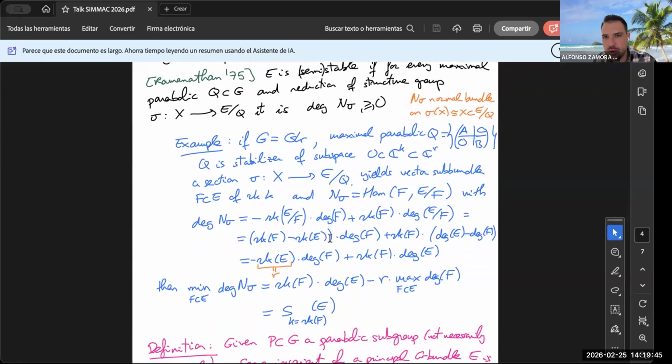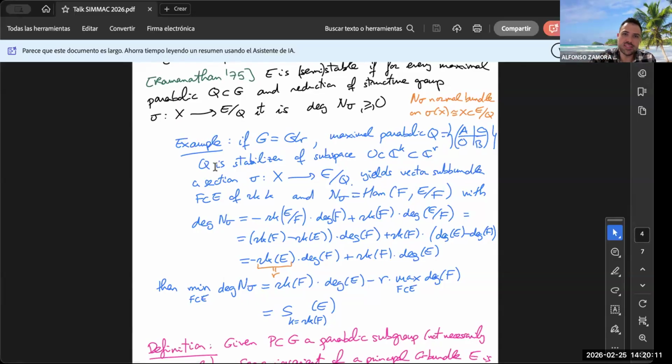So, if G is GL_r, then we know that principal GL_r bundles are equivalent to rank r vector bundles. Then what is a maximal parabolic? Under a choice of Borel or a basis, our matrices are block triangular matrices of this shape: A, C, and B, and the lower left block is 0.